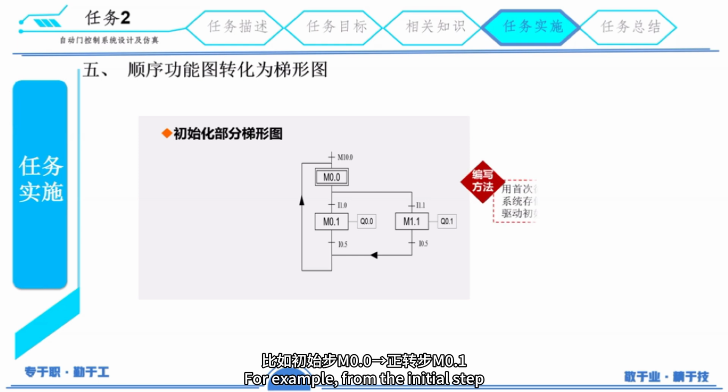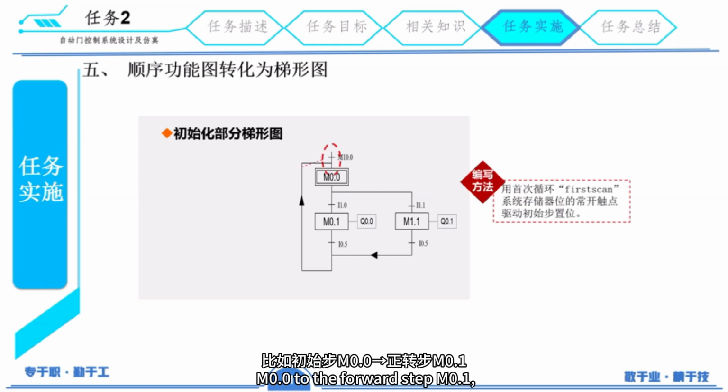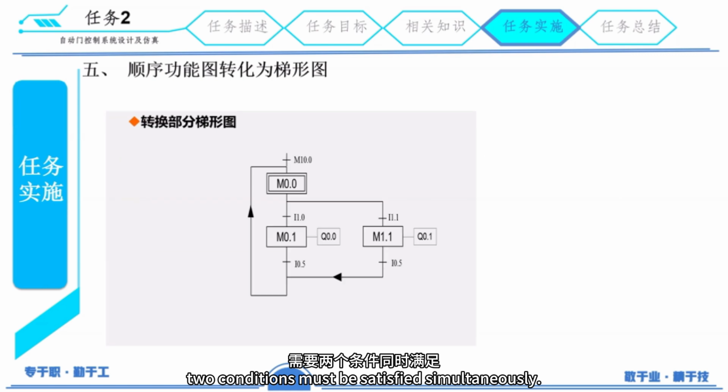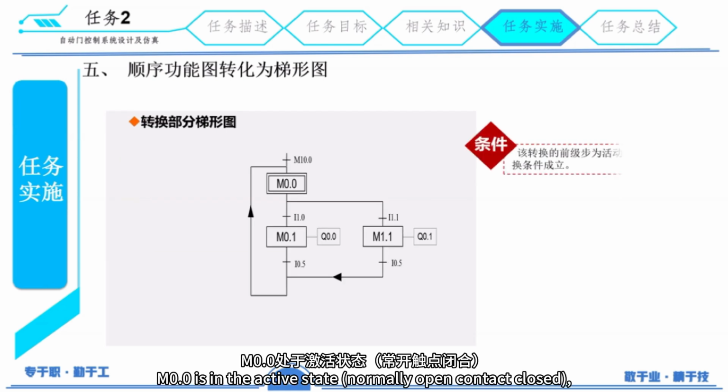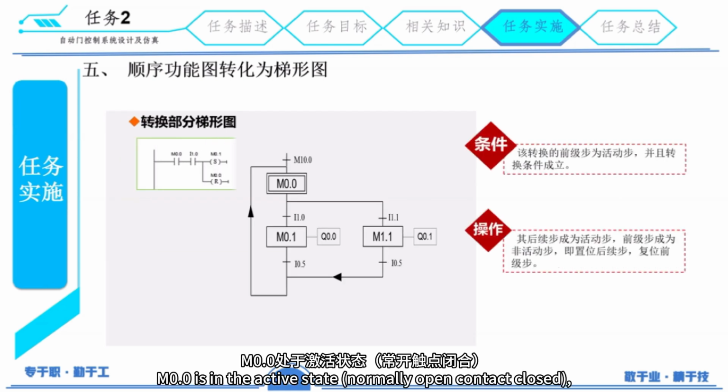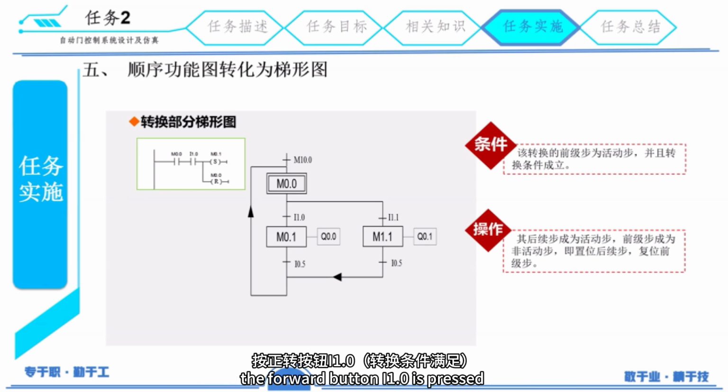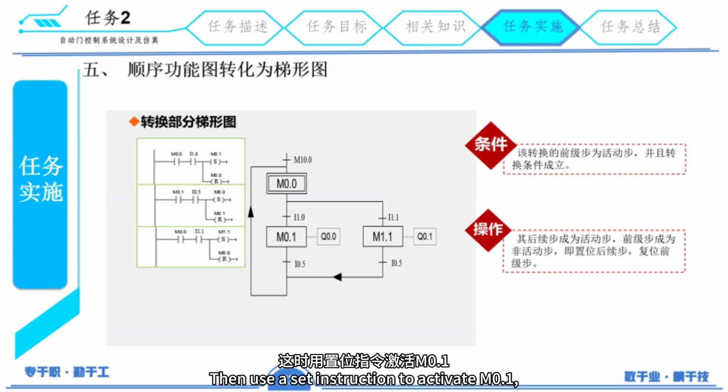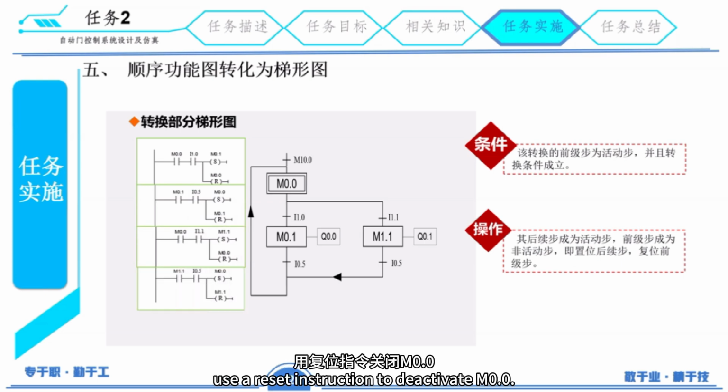For example, from the initial step M0.0 to the forward step M0.1. 2 conditions must be satisfied simultaneously. M0.0 is in the active state, normally open contact closed. The forward button I1.0 is pressed, transition condition satisfied. Then use a set instruction to activate M0.1. Use a reset instruction to deactivate M0.0. The transition logic for the reverse step is exactly the same.